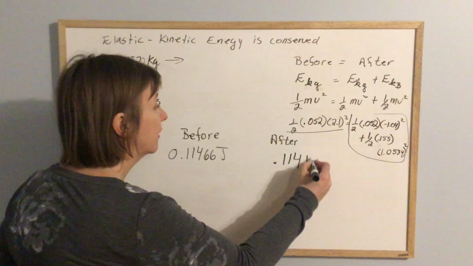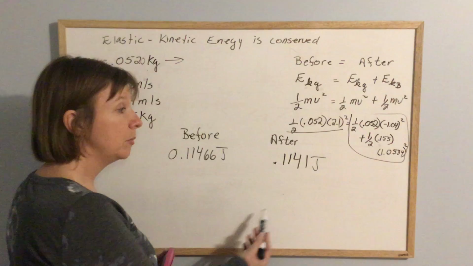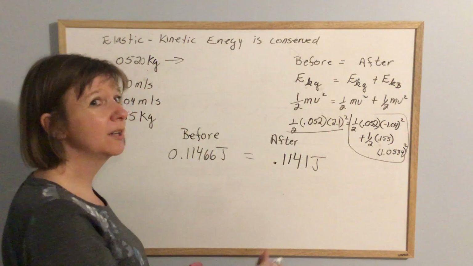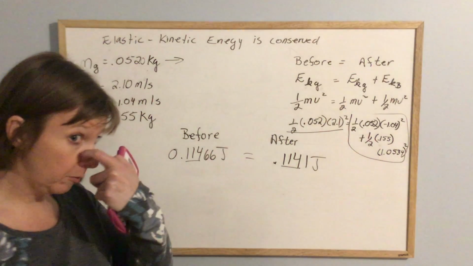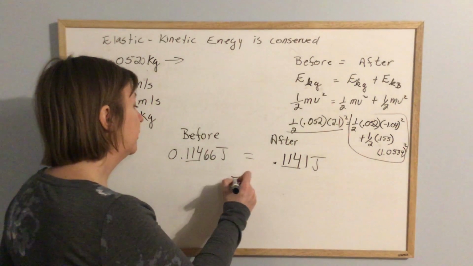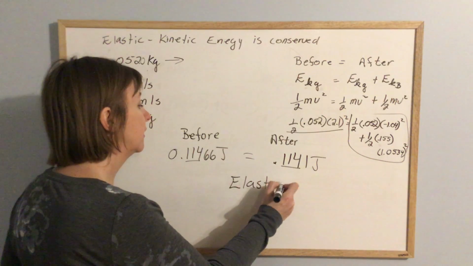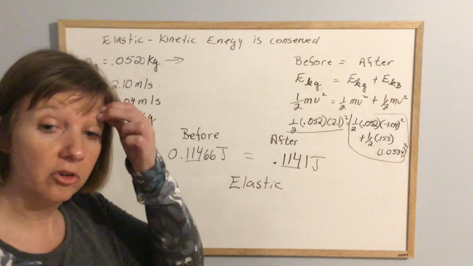But remember I said it has to be pretty much equal. Those are pretty much equal. I mean, they're the same all the way to the thousandths place. So I would label this as yes, it was an elastic collision.